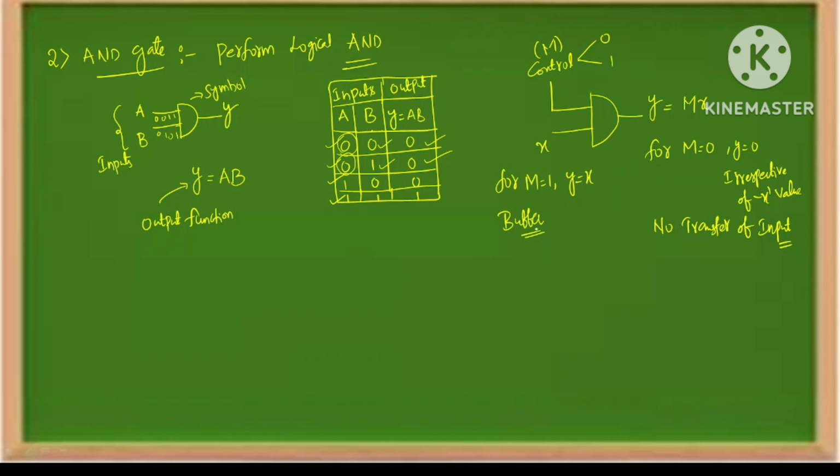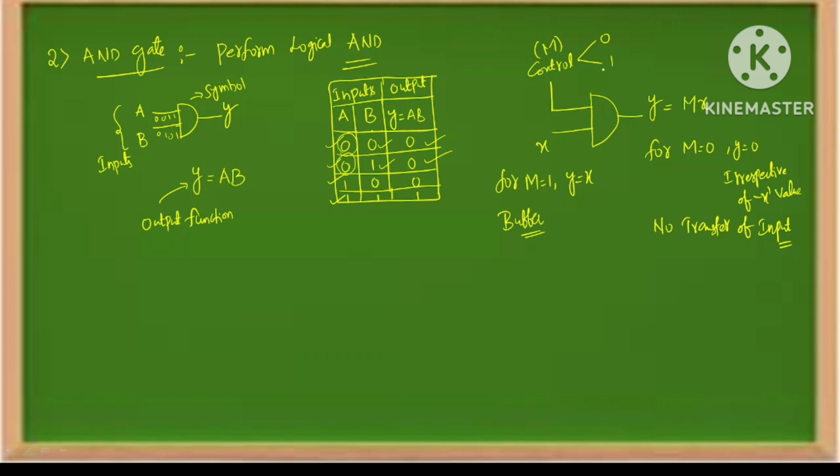So this is the basic idea of the AND gate and how we can control its input. By considering any one of the inputs as the control input and making it 0, you can stop the flow of input from the input terminal to the output terminal.